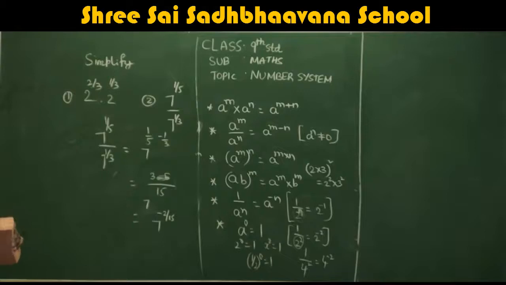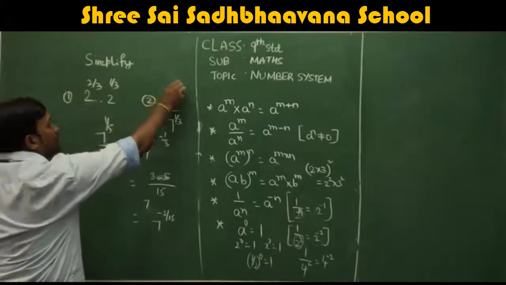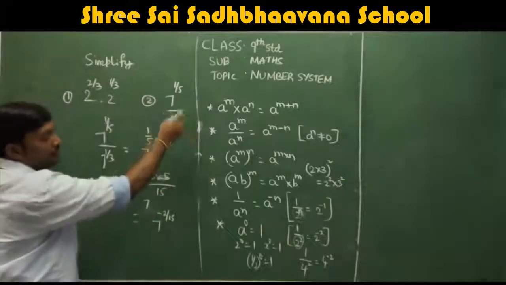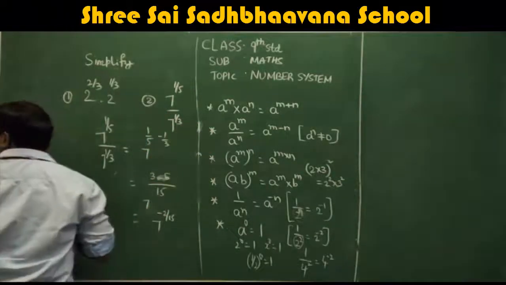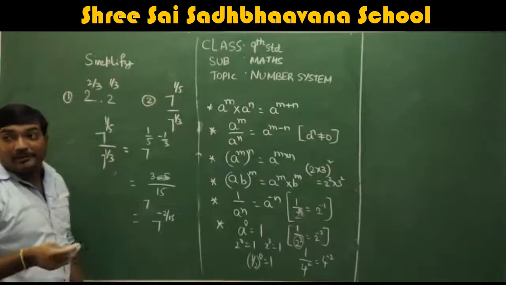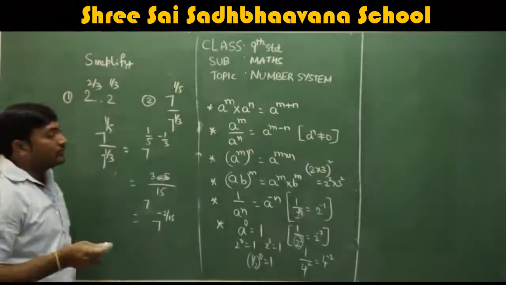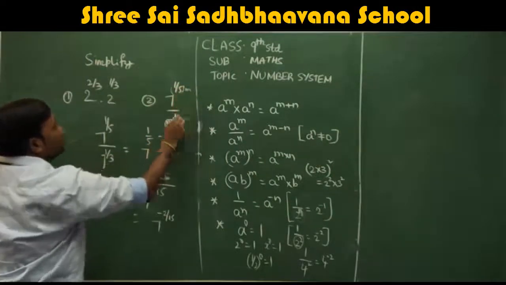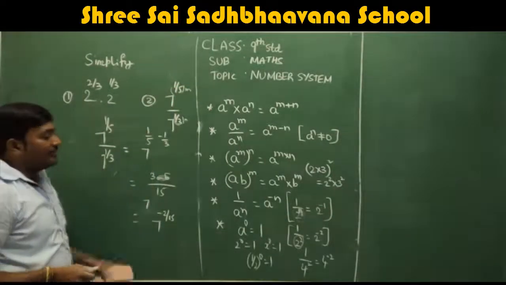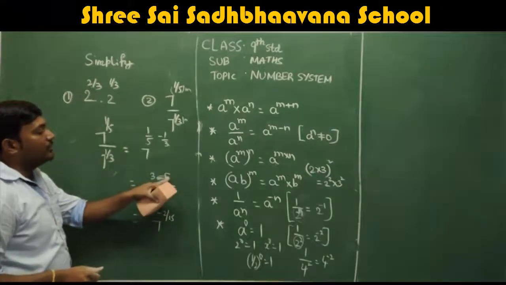Understood? I'll just repeat this one once again. Here we have 7 power 1 by 5 by 7 power 1 by 3, related to the formula a power m by a power n is equal to a power m minus n. Here the m value is 1 by 5, the n value is 1 by 3. So m minus n is 1 by 5 minus 1 by 3.